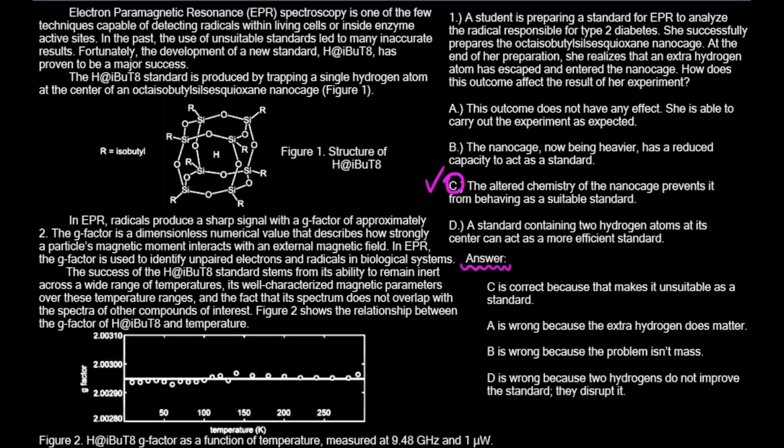And because of that change, the molecule can no longer behave as a proper EPR standard. That's the reason why the correct answer is answer choice C. The altered chemistry of the nanocage prevents it from behaving as a suitable standard. The key idea is that even very small changes in atomic structure can completely change how a molecule behaves in spectroscopy.